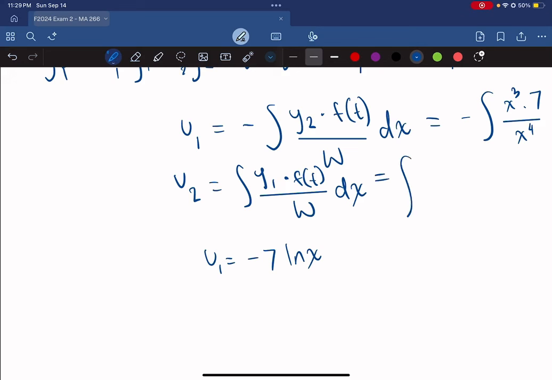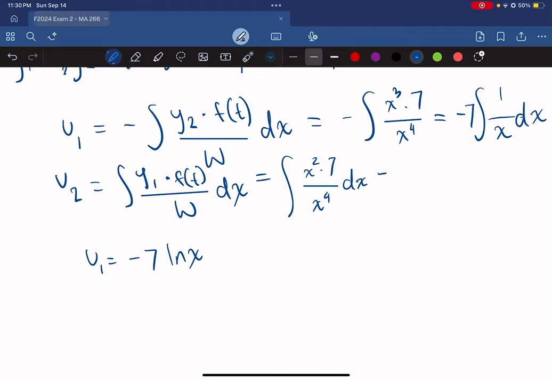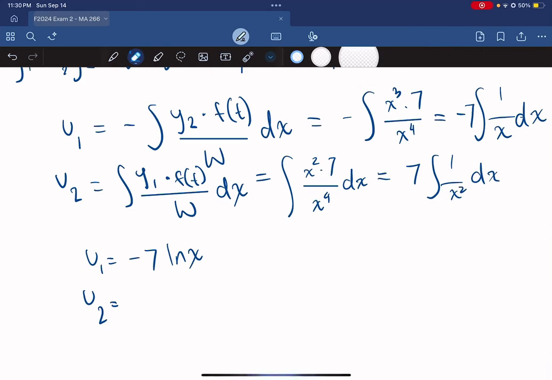For u2, we're going to have x squared times 7 over Wronskian, which means that we're going to have 7 times 1 over x squared dx, which means our u2 is going to be negative 7 over x.